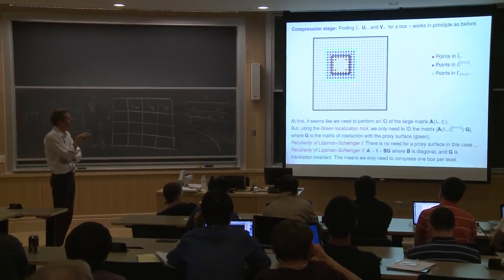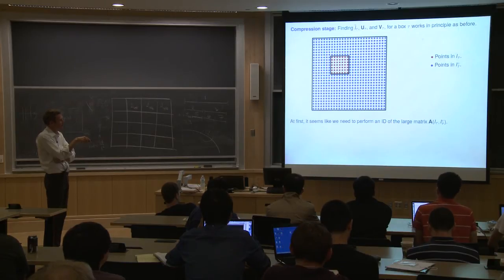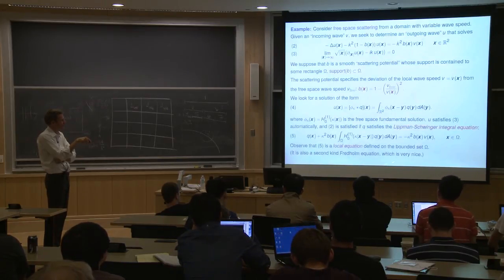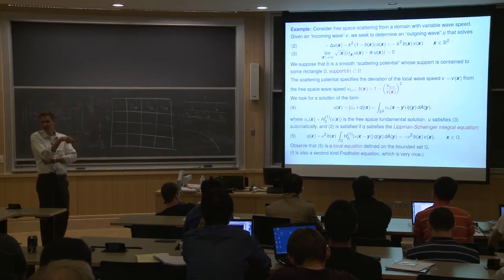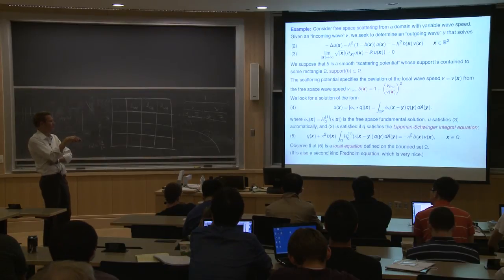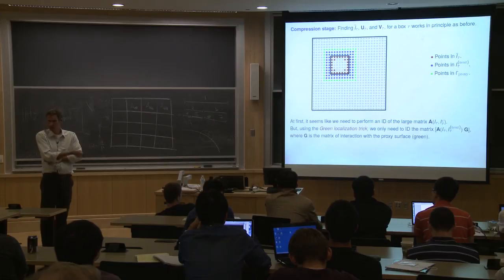And there are more interesting things. The integral operator is a little bit special in this case. You see that this is a translation invariant integral operator. So it turns out to be very cheap to compress it. You only need to compress 1 box on each level.